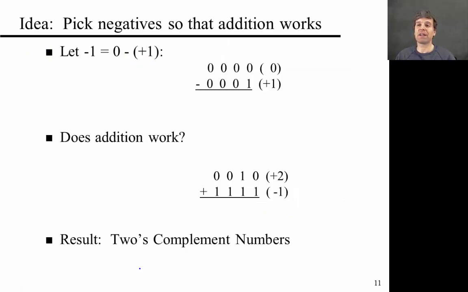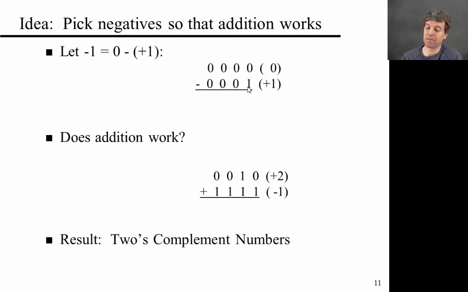So now the question is, okay, can we come up with a way of picking negative numbers such that addition works? And our idea is to say, let's just say that -1 is 0 minus +1, right?